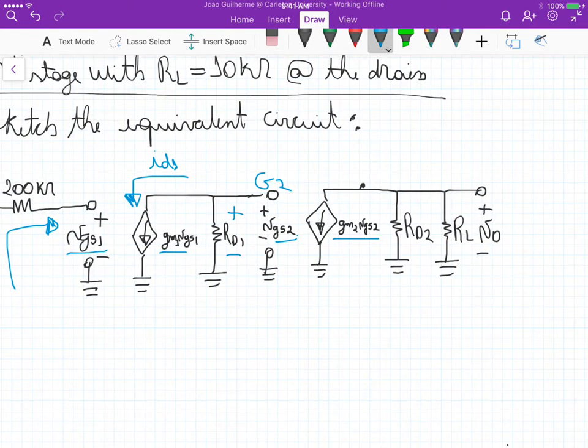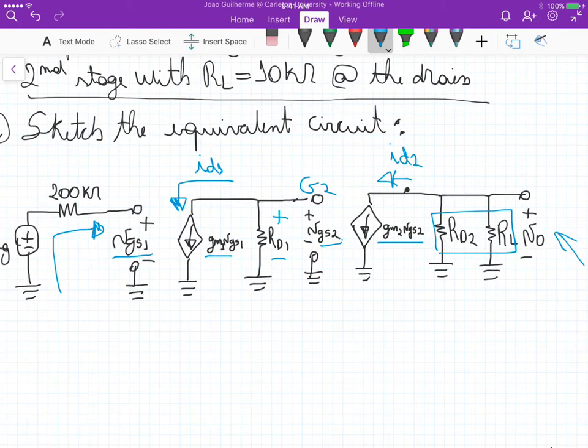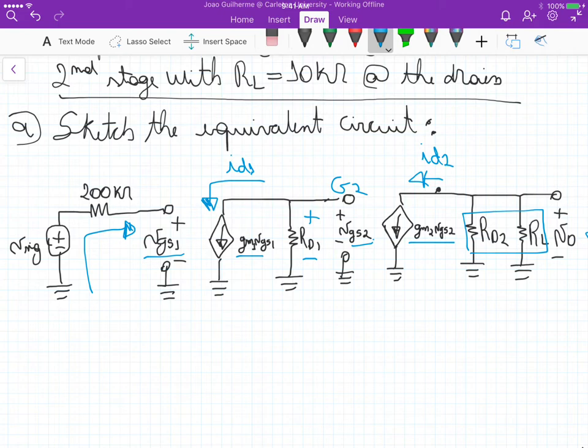This GM2 VGS2 gives us a drain current, and the equivalent resistance of those two here times this small ID2 gives us the output voltage. So that's the working of this circuit.